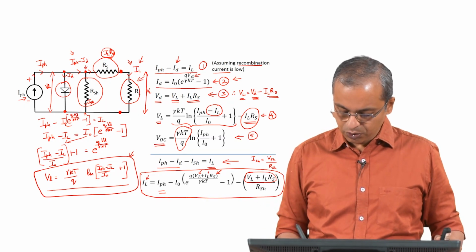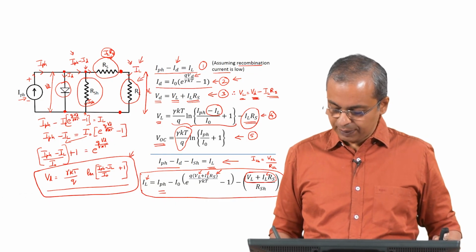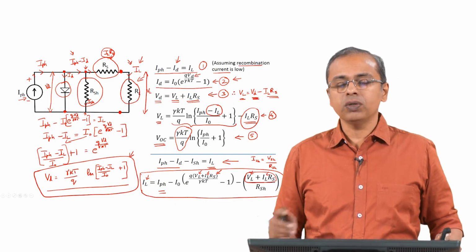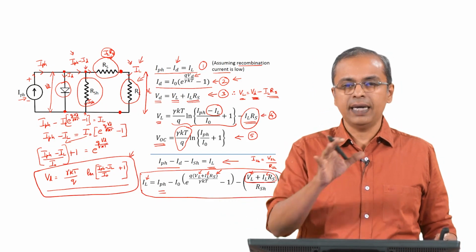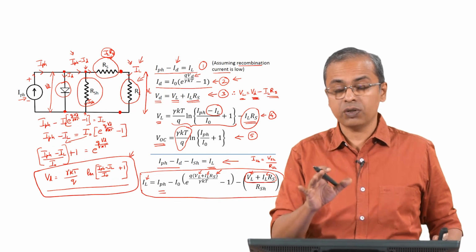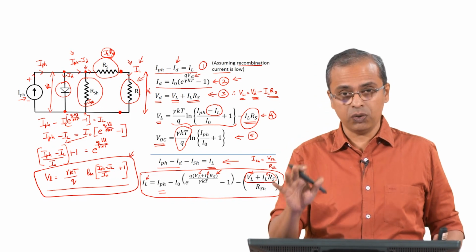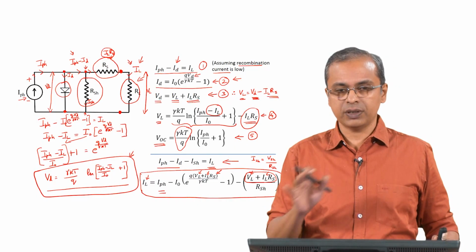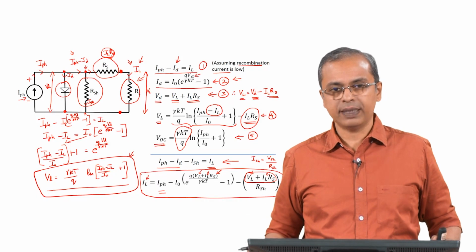You see I_L here also, and you see V_L also in multiple places. I already showed you one place, and you see it here also. So, it is a complicated relationship between the voltage across the load and the current going through the load, and that is what is being shown by this equation.